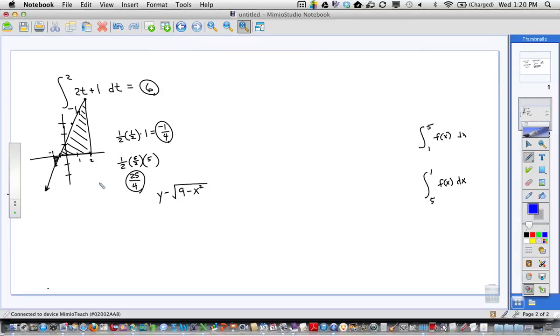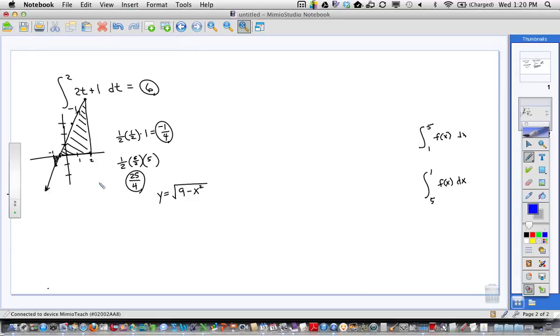What does that graph look like right there? Half of a circle.